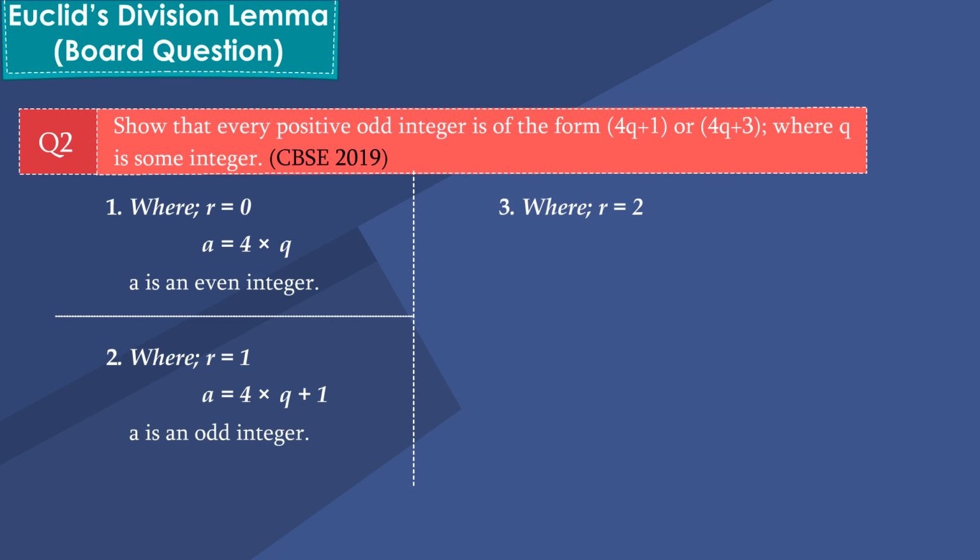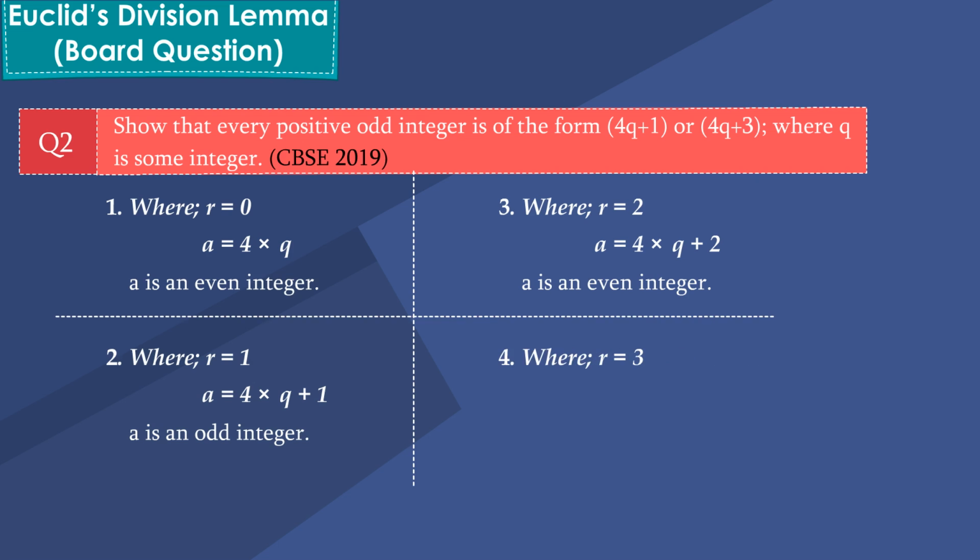When r is equal to 2, we get a equal to 4q plus 2. Here, 4q plus 2 is divisible by 2. Hence, 4q plus 2 is even. Hence, a is an even integer here. Finally, when r is equal to 3, we get a equal to 4q plus 3.